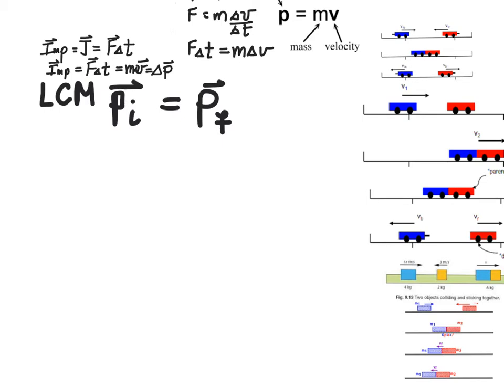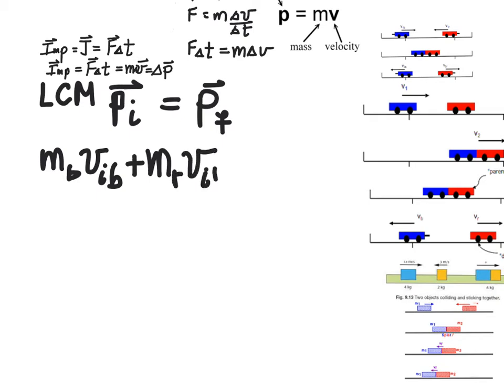So if I write this out, the initial momentum is the mass of the blue cart times the initial velocity of the blue cart plus the mass of the red cart times the initial velocity of the red cart. So that's the initial momentum.